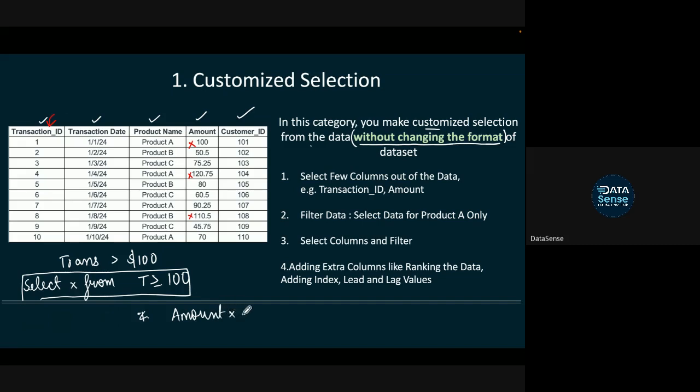So let's say the discounted amount is 90%. Sorry, so this is a 10% discount. So the discounted amount comes out to be 90% of this transaction amount. You have to create a new variable. Okay. So now, when you create a new variable, does it change the primary key?